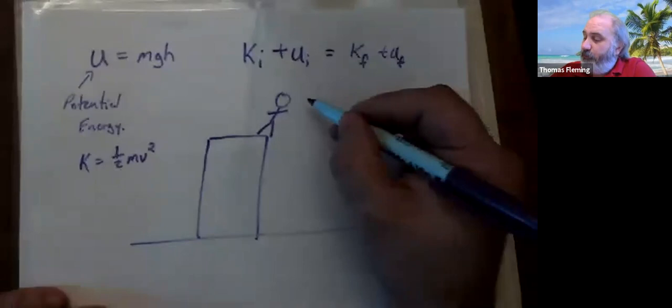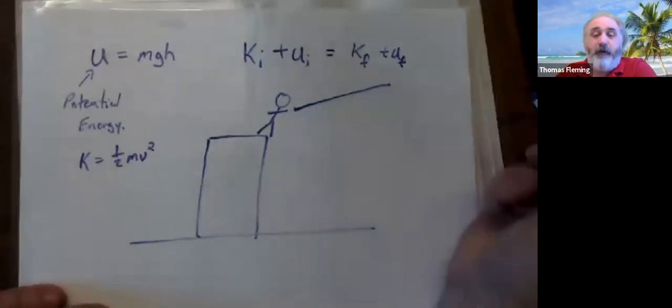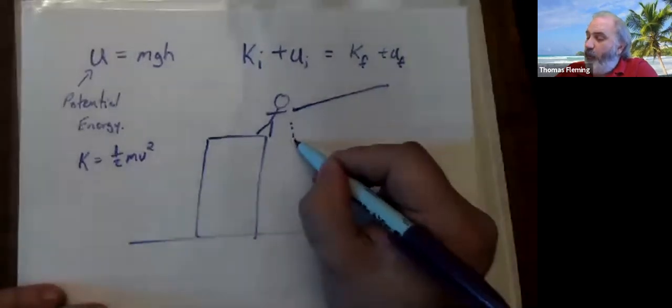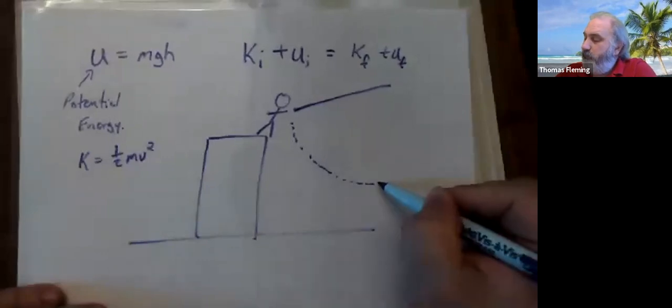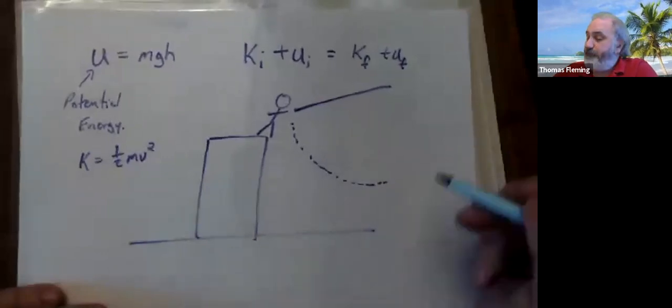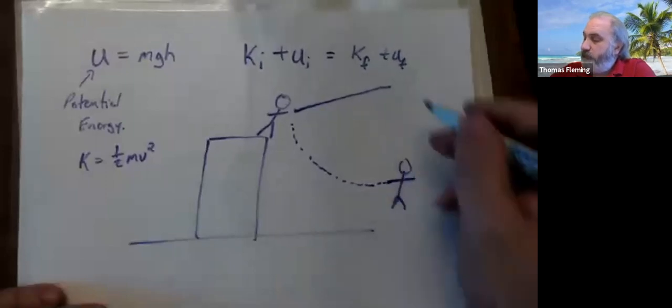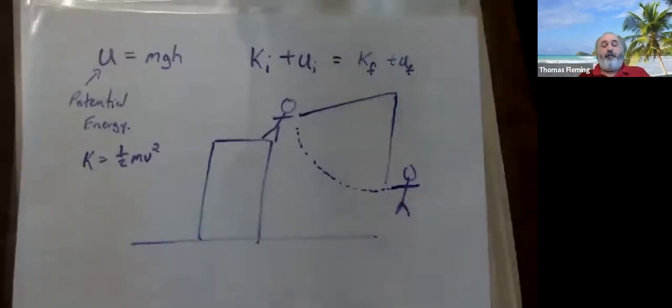He's going to spin a web and swing on that web to a lower position, so that sometime later Spidey has swung down to some lower position.